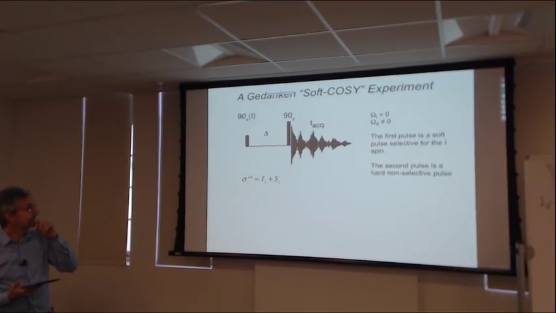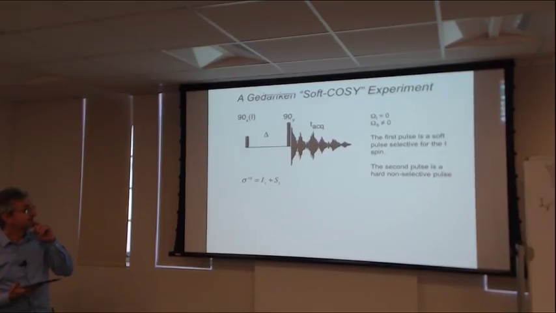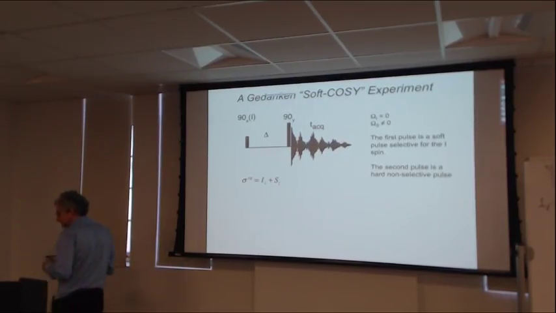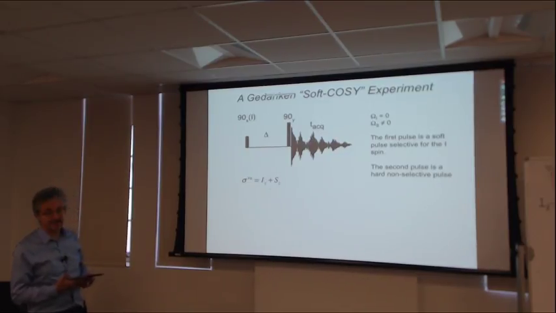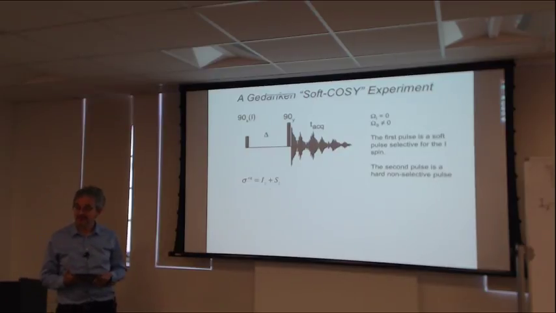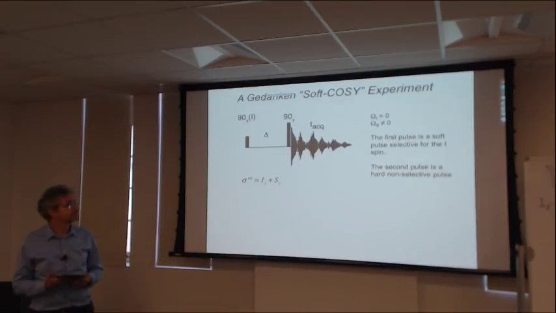So let's start and imagine conducting an experiment where we have an IS spin system, and we're going to make the first pulse selective on the S spin, and then the second pulse will be non-selective on both spins.